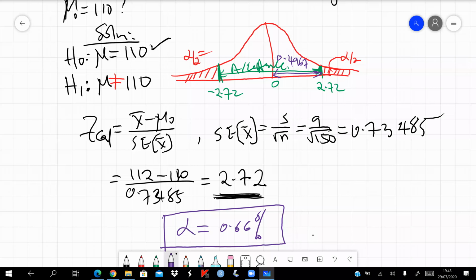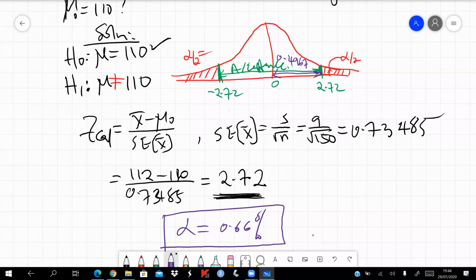Any successes? Yes, 0.66%. Very good. If you're getting that, it means that you are attentive to what is happening there. There are people who are stuck at 0.33%.